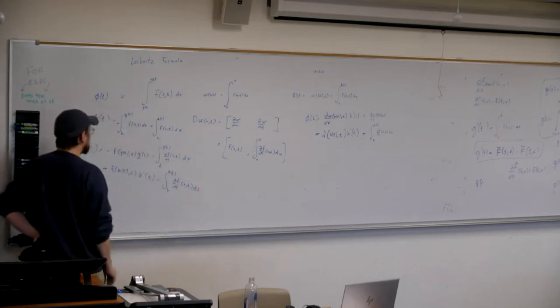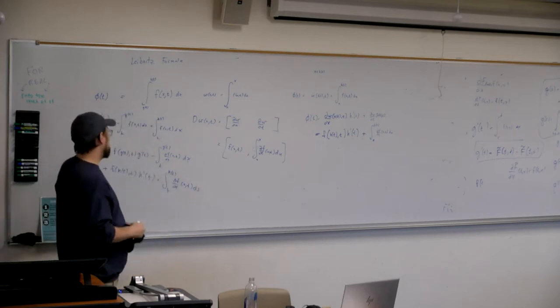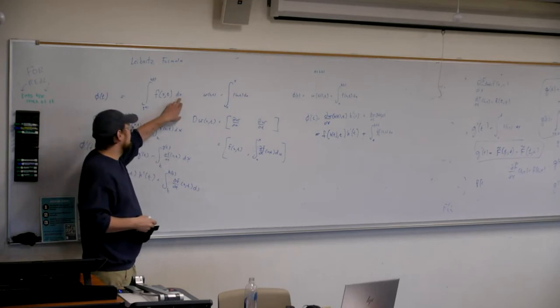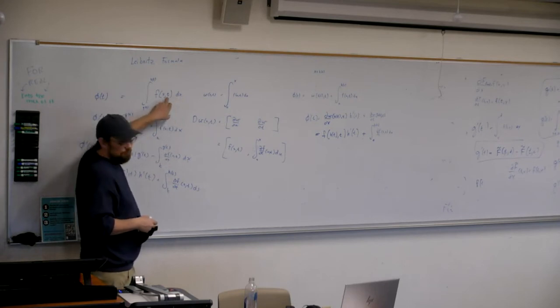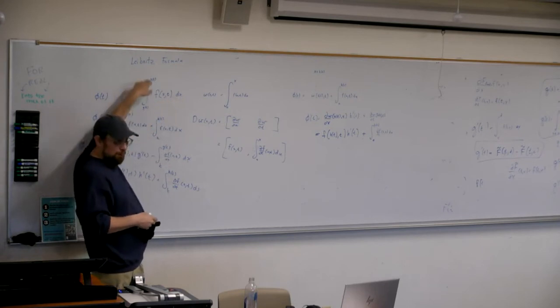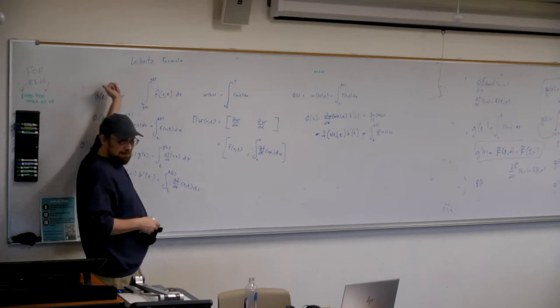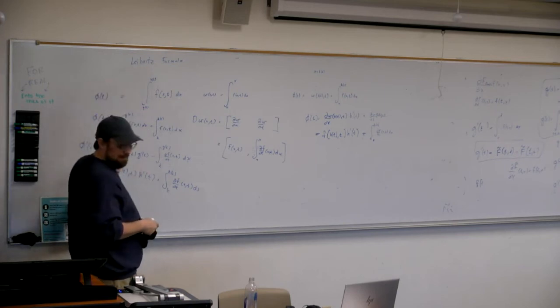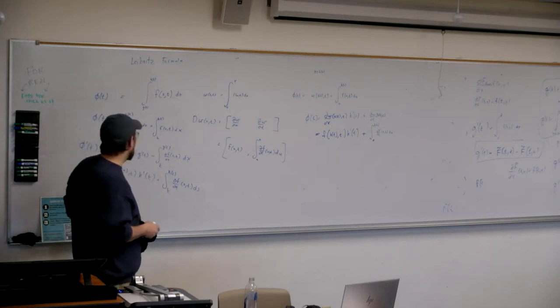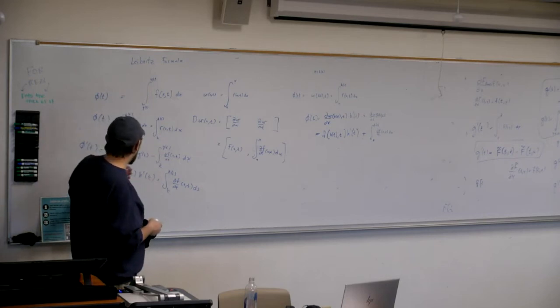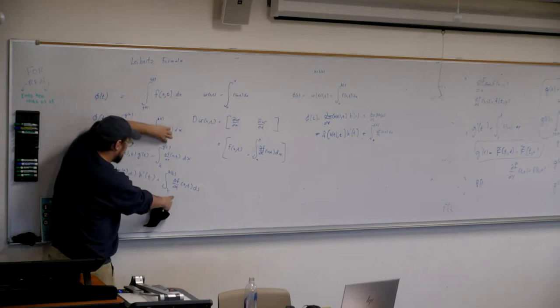So that's Leibniz formula. You're integrating with respect to x. There's this parameter t, but the bounds are also functions of t. And if you want to differentiate with respect to t, it's more complicated than just using the simple fundamental theorem of calculus.